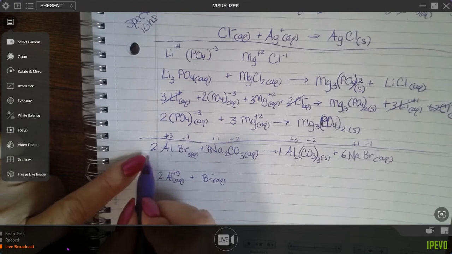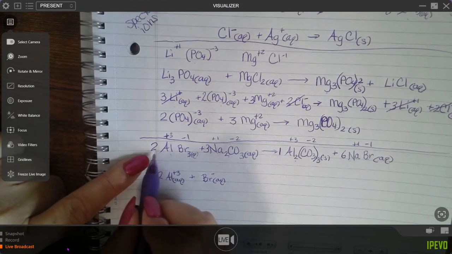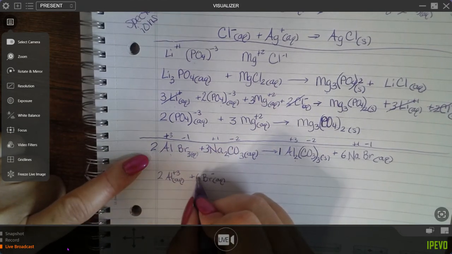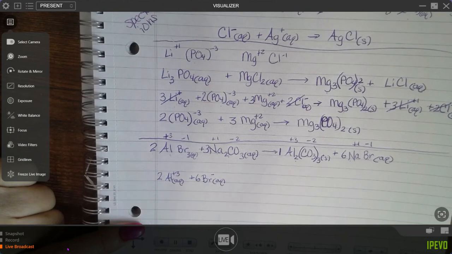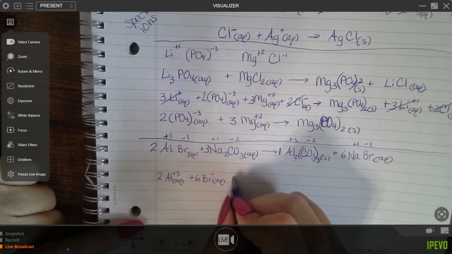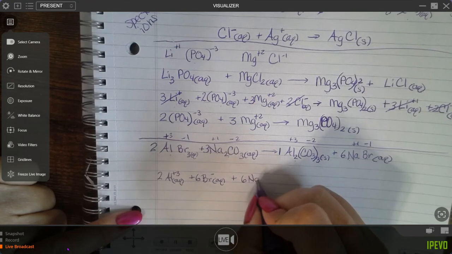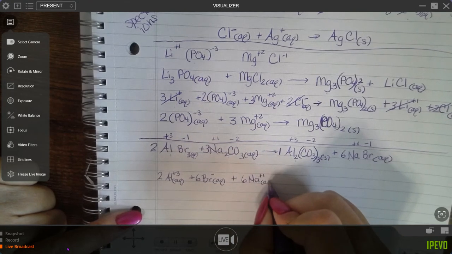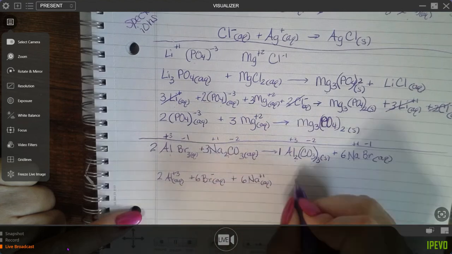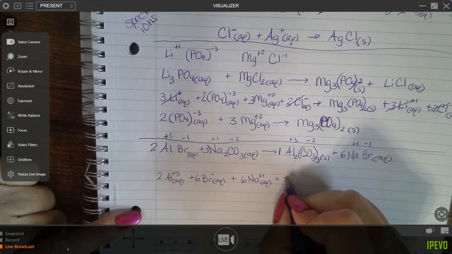Okay, you've got to consider the subscript of the 3 times 2, so we have 6 bromide ions, okay? And then we also have 6 sodium ions, and we have 3 carbonate ions.